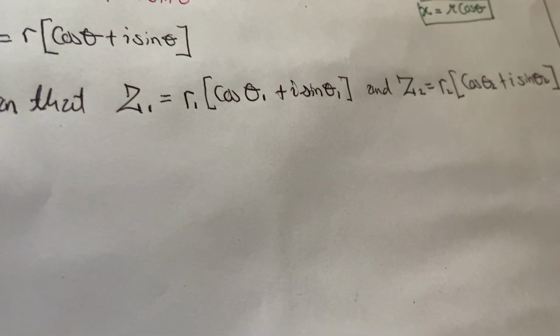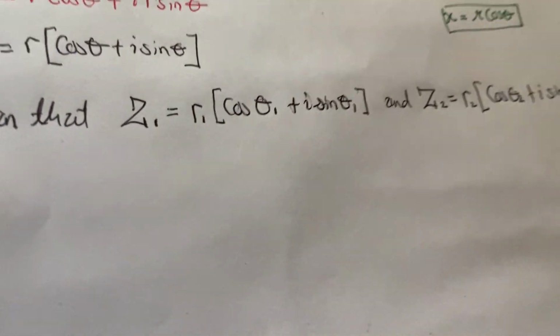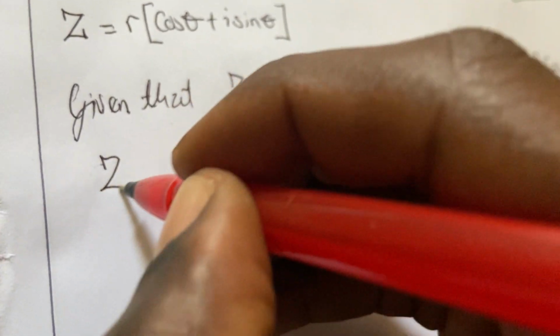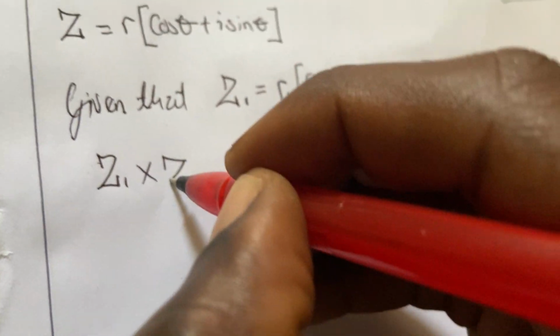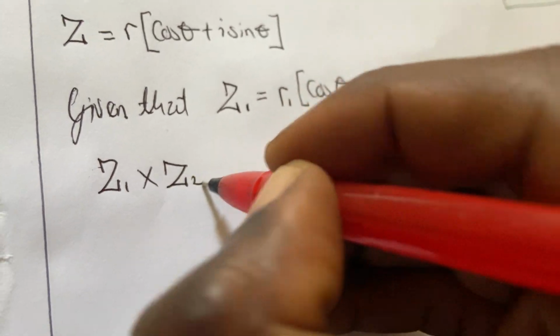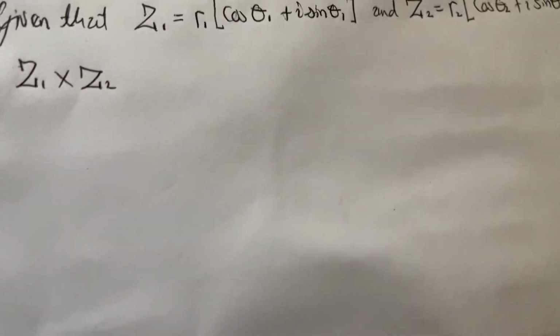Given this, let's find the product z1 times z2, and let's see what our value will look like.